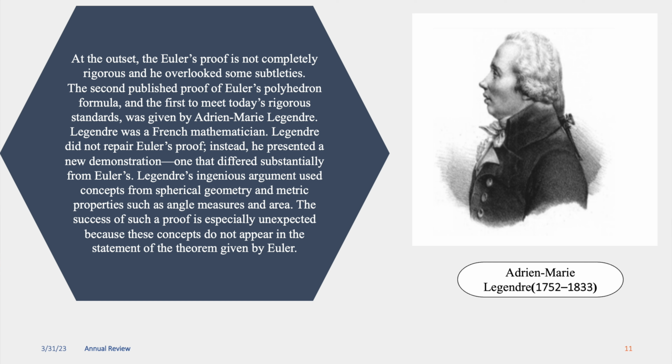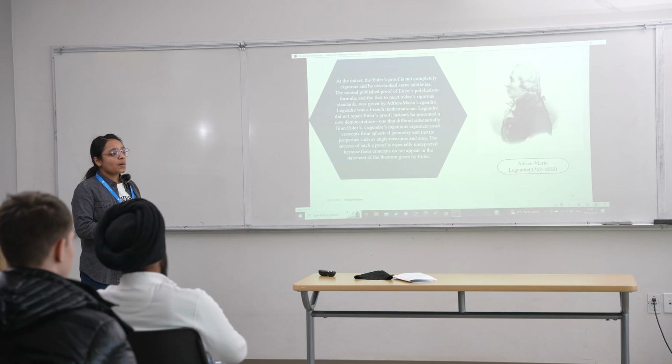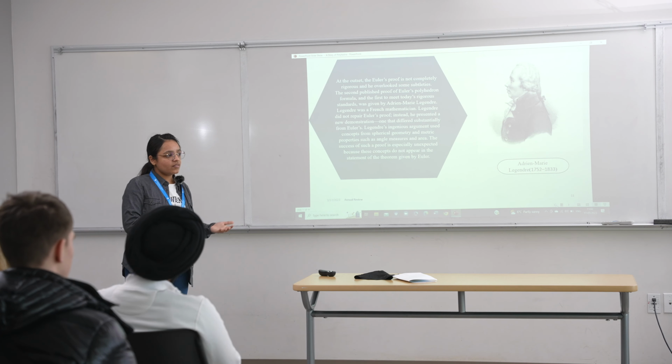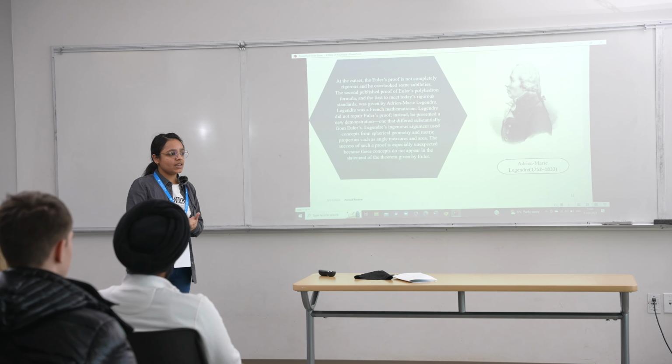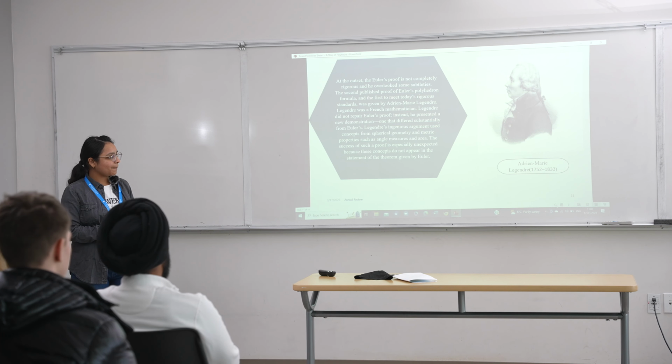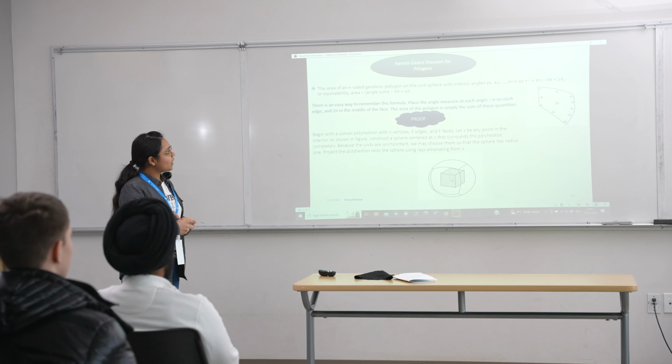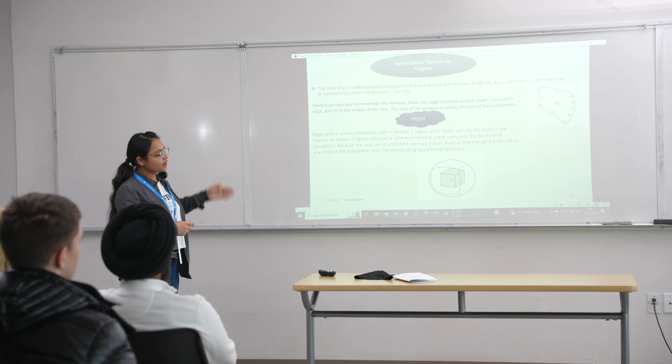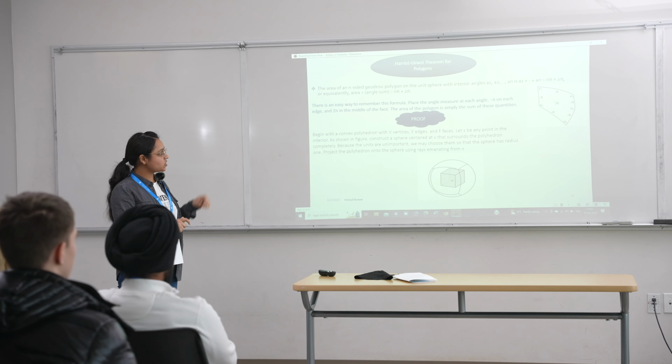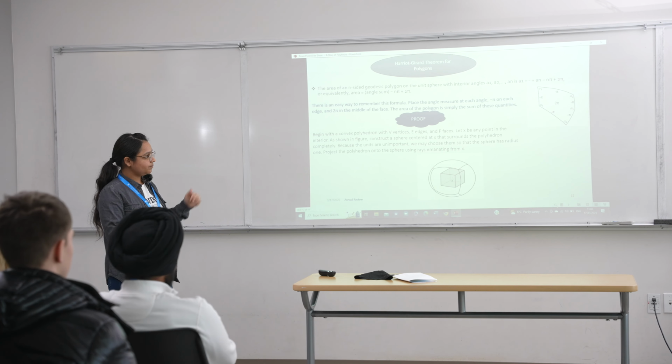Now, the success of this proof was really unexpected because he used concepts from spherical geometry and various metric properties of the sphere. But Euler, when he discovered this relationship, never mentioned any characteristics of geometry. This is the proof which states that this formula holds, which again I'm skipping for now.